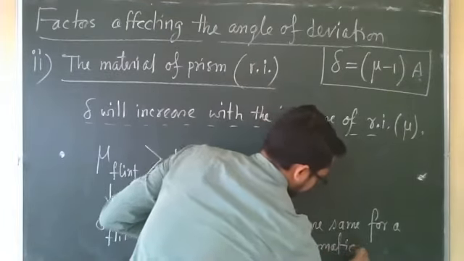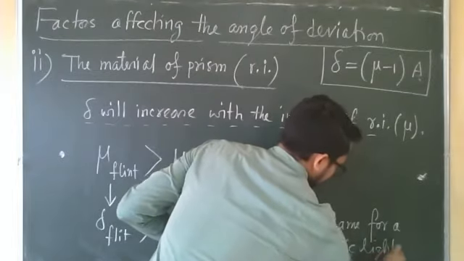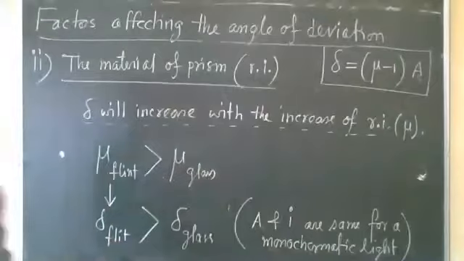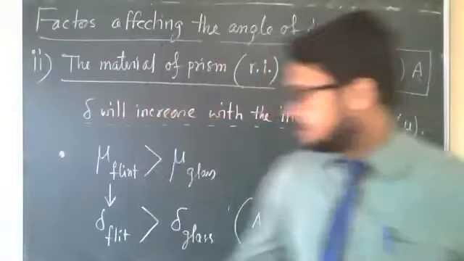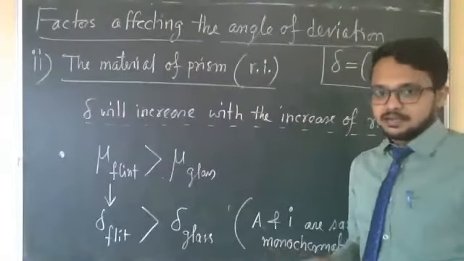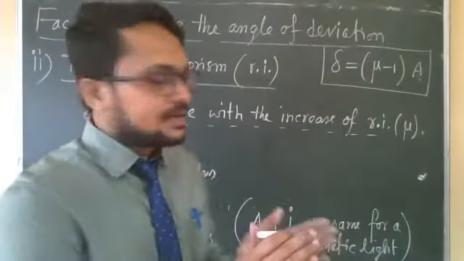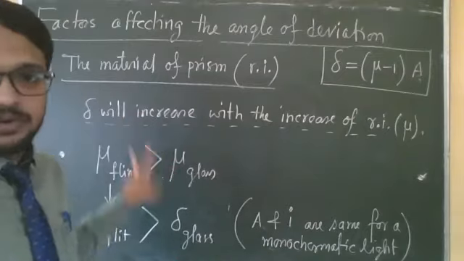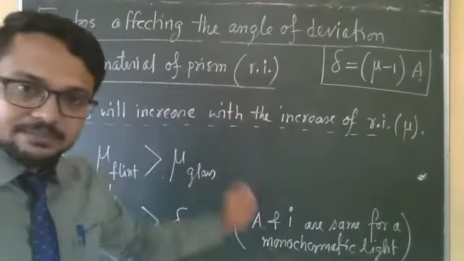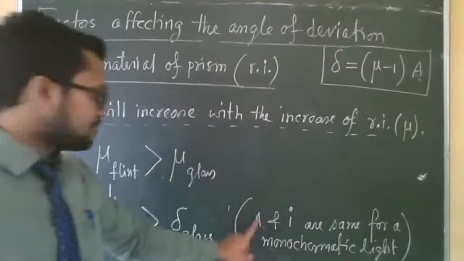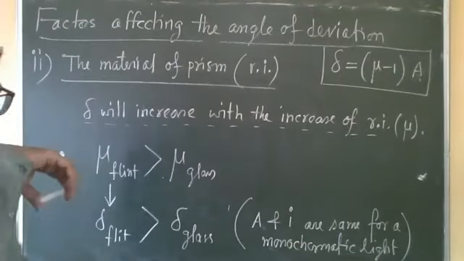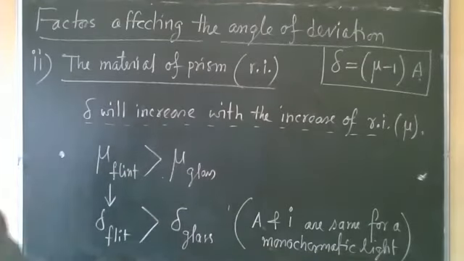If we do the experiment in this way, for flint we are using blue color and for glass we are using red color, then we cannot explain it properly. For that reason, for both the prisms we take the same color of light. We keep the angle of prism the same, and we keep the angle of incidence the same. So this is the second point.